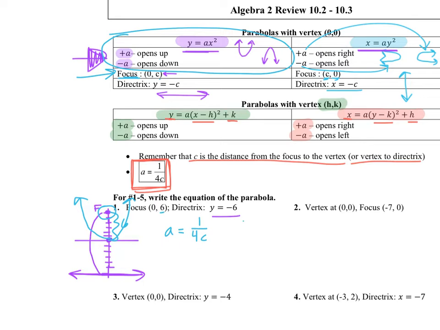So you're just saying 1 over 4 times 6, which makes our a 1 over 24. So once we have a, then we just need to plug that into the equation up top here, is y equals 1 over 24 times x squared. And that would be your equation.